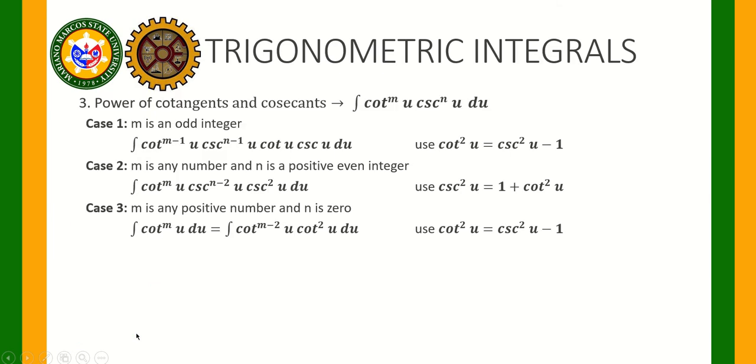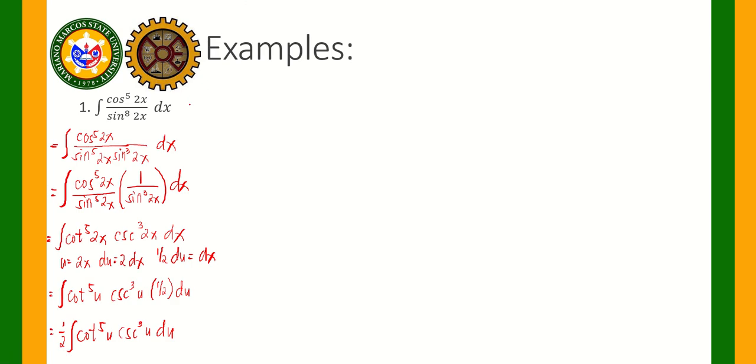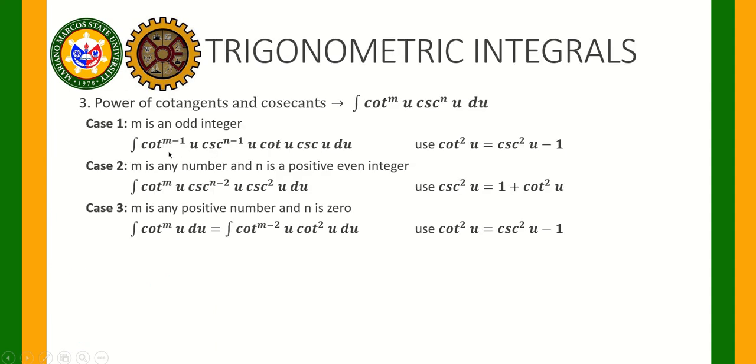So, what case will we use? Since m is an odd integer in this part, we can use case 1. So use case 1 for this problem. And we can rewrite 1/2 times, we subtract 1 from the powers, and then we substitute cotangent squared u with cosecant squared u minus 1.